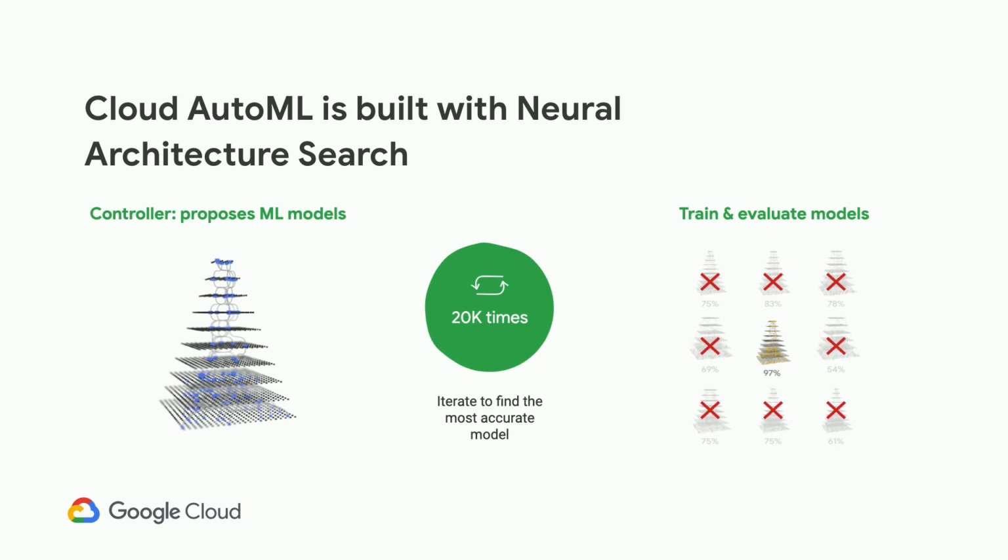Okay, so basically, Cloud AutoML is built with neural architecture search, and then it basically iterates to find the most accurate models. So basically, we will train a lot of different models, and then we'll just pick the one which we believe is the best, and then we give it to you.